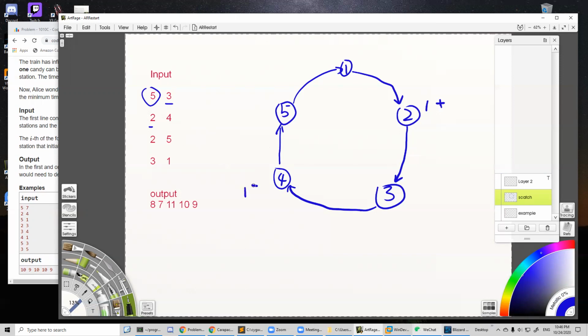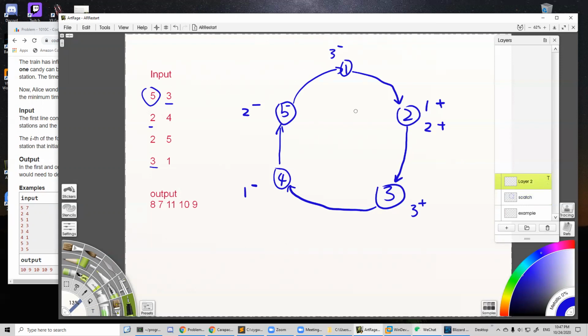We use a minus sign. For the second candy, the starting point is 2 and the ending point is 5. For the third candy, the starting point is 3, and the ending point is 1, right?